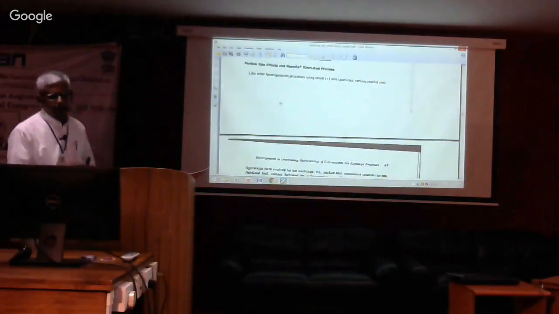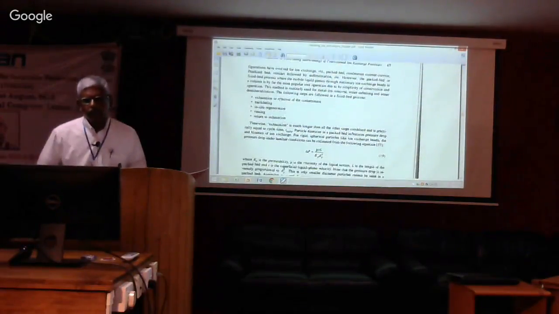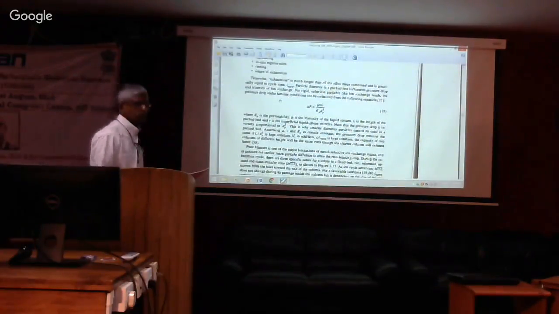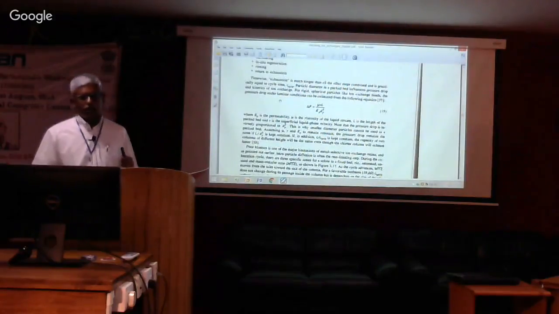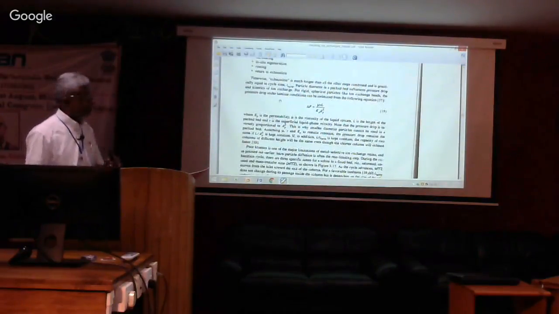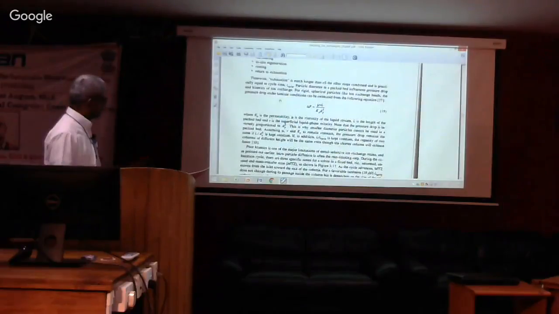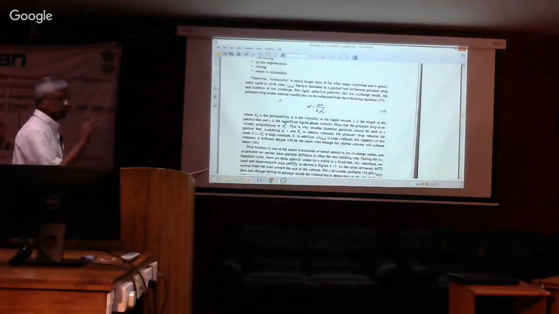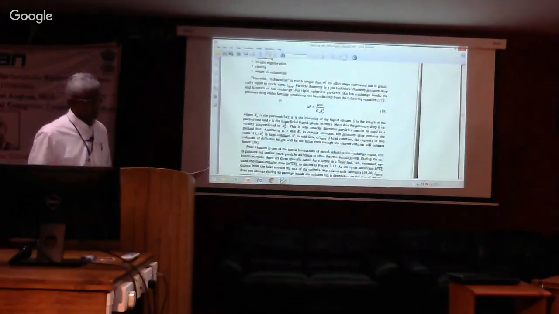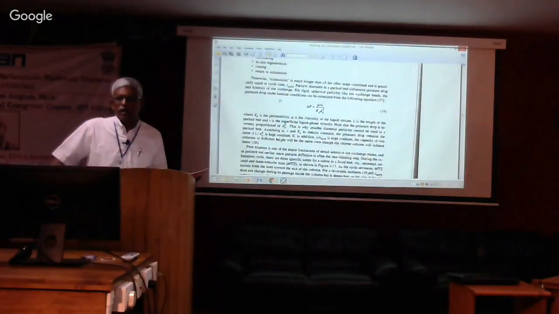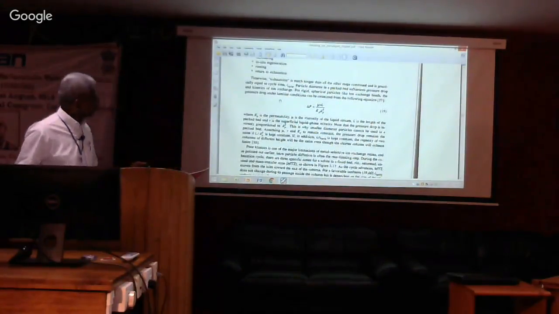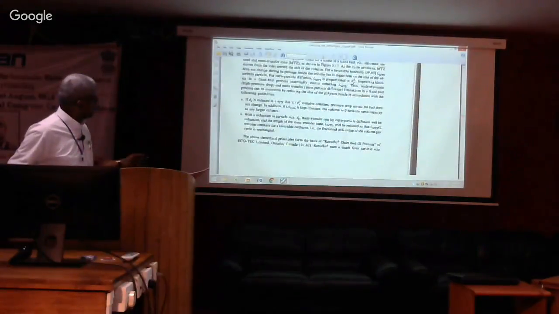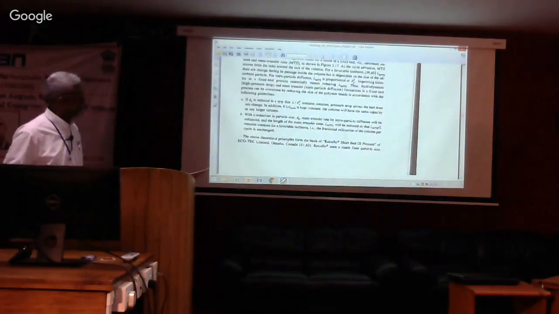Now keep in mind that when we are looking at a column, the head loss across the column is inversely proportional to the square of the particle diameter. So the smaller the diameter, we know from classical fluid mechanics, the greater the head loss. In this flow, it's a very short bed, okay?